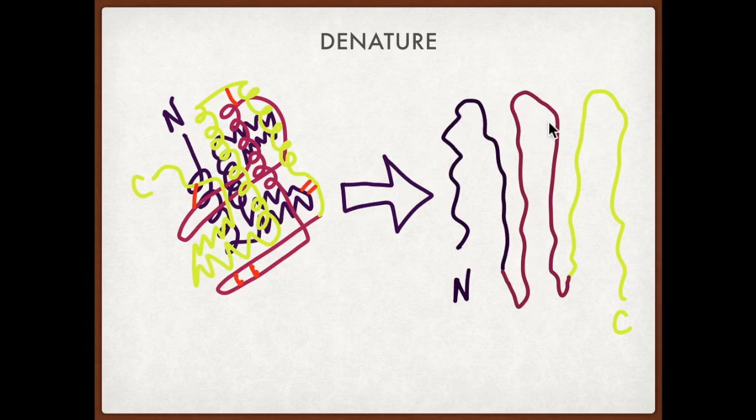This unraveling of a protein is called denaturing a protein. Again, we have our N terminus, our C terminus, but all of the bond formation, the secondary, tertiary, quaternary structures that existed prior to the addition of the new environmental factor, heat, are all gone. So this obviously would not function the same as this.